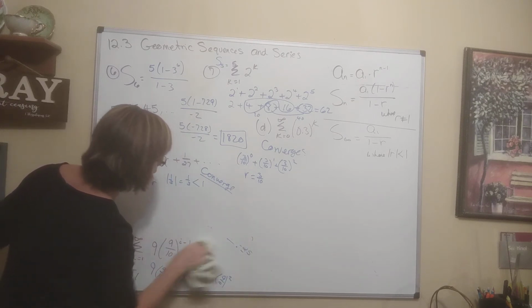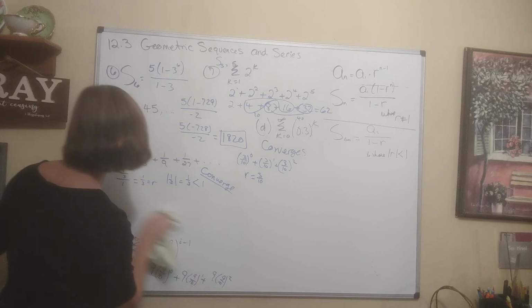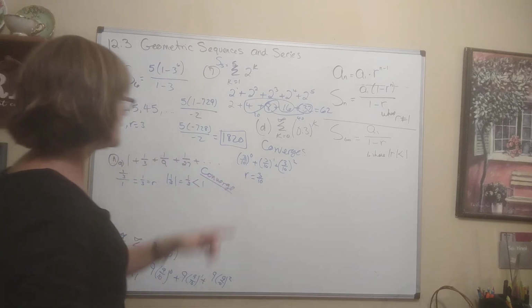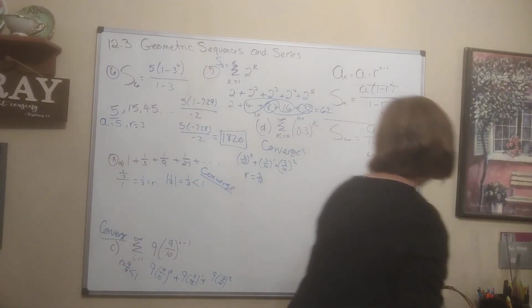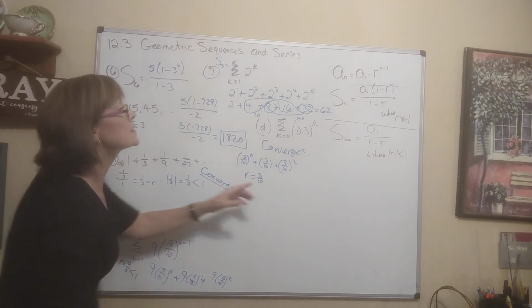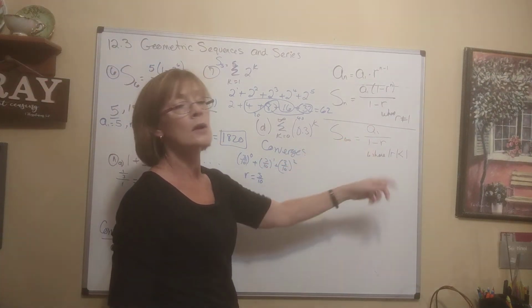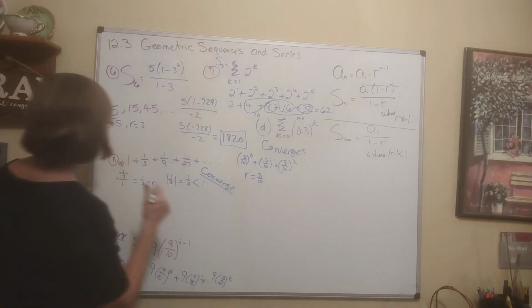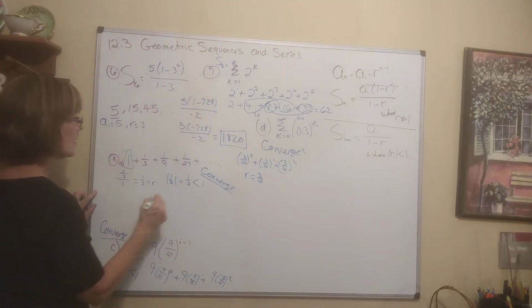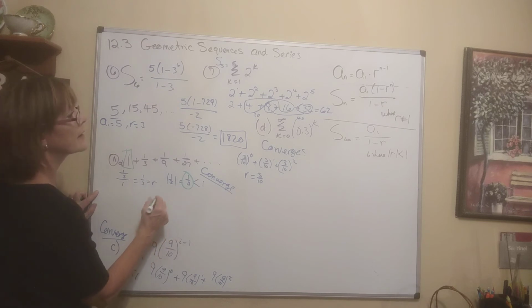So now let's go ahead and find the sum. A. What is the sum of this geometric sequence? Okay. This is the formula for the infinite sum. It's equal to a sub 1 over 1 minus r. We got to know what a sub 1 is. A sub 1 is 1. r is 1/3. Okay, ready?